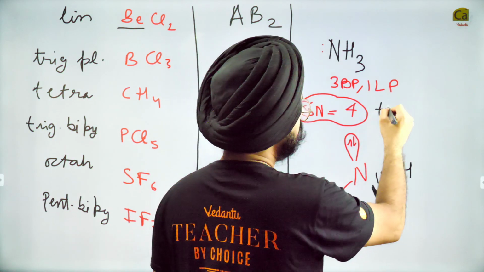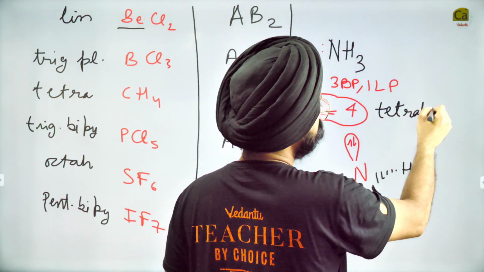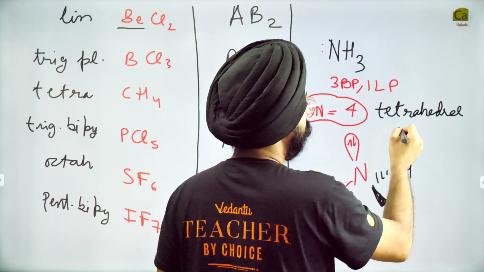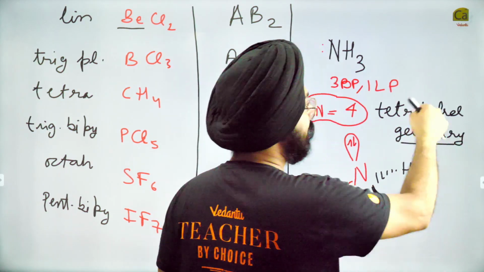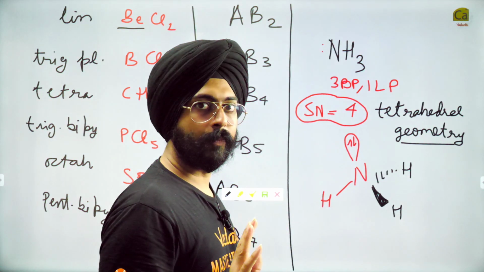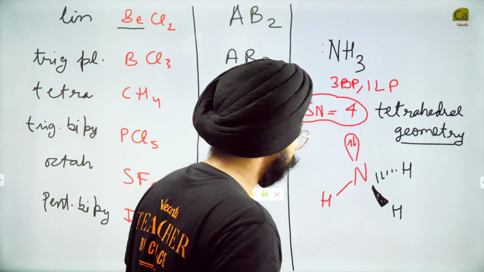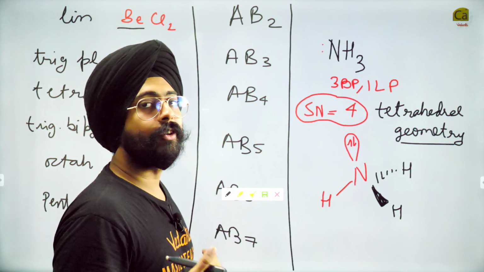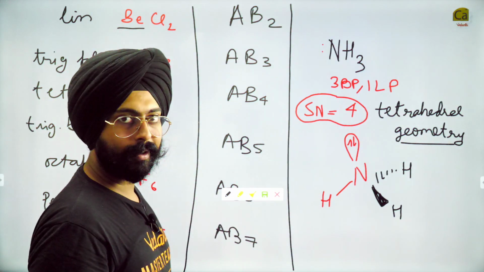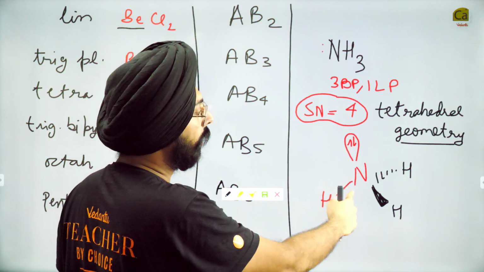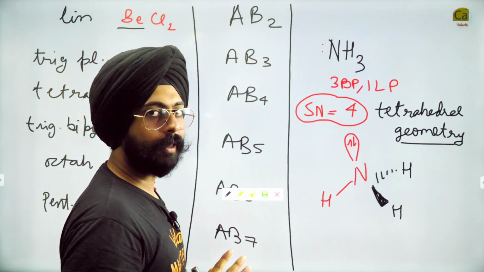This is a tetrahedral geometry. But my dear friends, as I've told you, in order to look at the shape, you don't look at the lone pair. जब shape देखना होगा तो lone pair को नहीं देखेंगे.